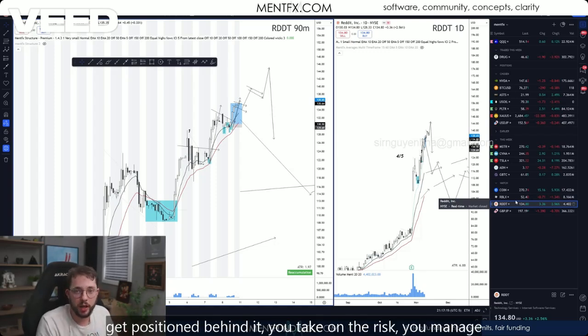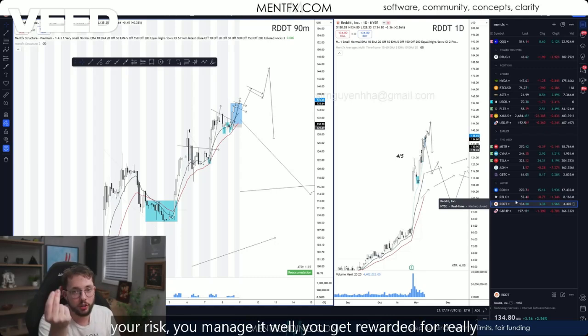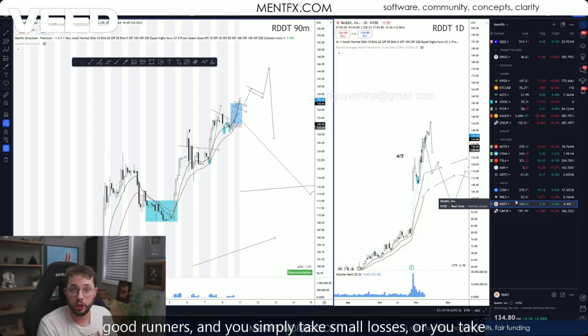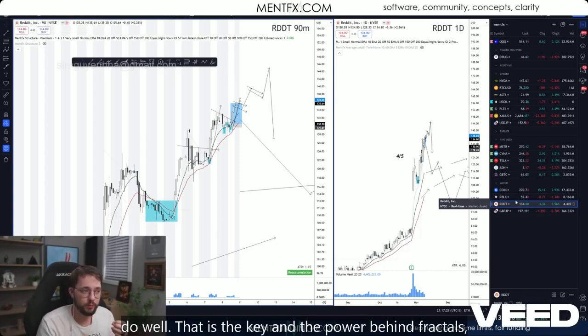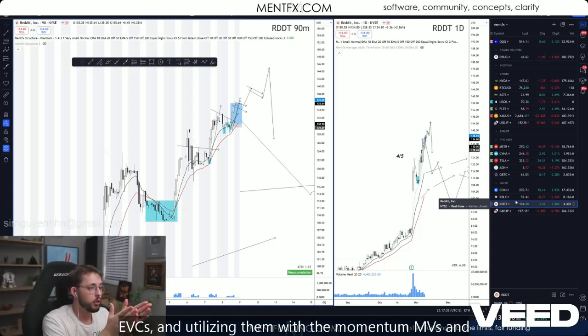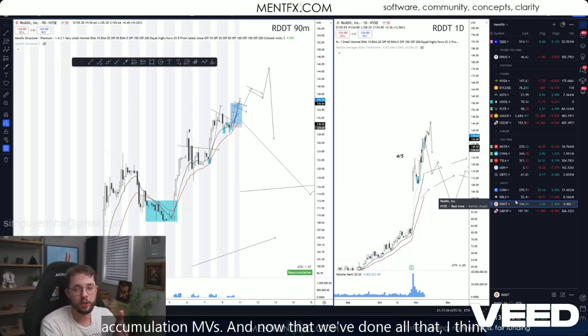And then you get positioned behind it, you take on the risk, you manage your risk, you manage it well, you get rewarded for really good runners, and you simply take small losses, or you take no loss with managing to break even on the things that don't do well. That is the key and the power behind fractals, EVCs, and utilizing them with the momentum MBs and accumulation MBs.